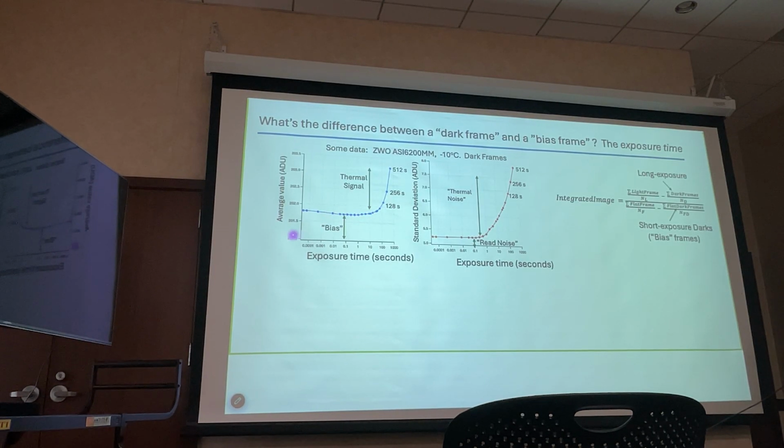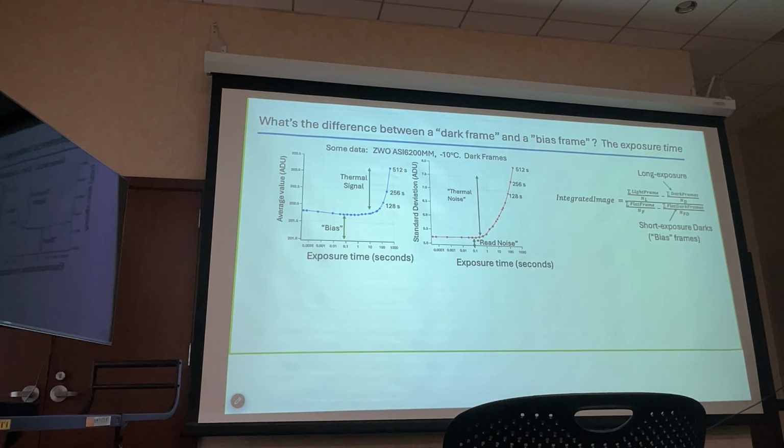This is a really expanded scale. This is 201 and a half, and this is 202. There's no change as a function of exposure time in either the average value or the noise level, as long as we have an exposure of less than 1 second, or maybe even 10 seconds, depending on how picky you are.